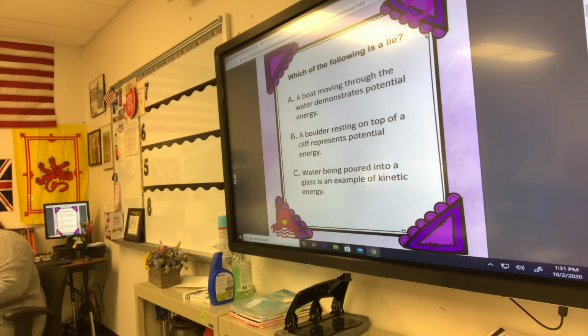C, water being poured into a glass is an example of kinetic energy.